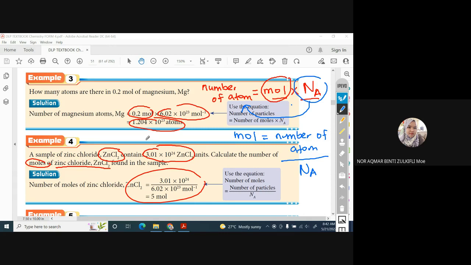That's why you divide the number of atoms by the Avogadro constant. Okay, can?